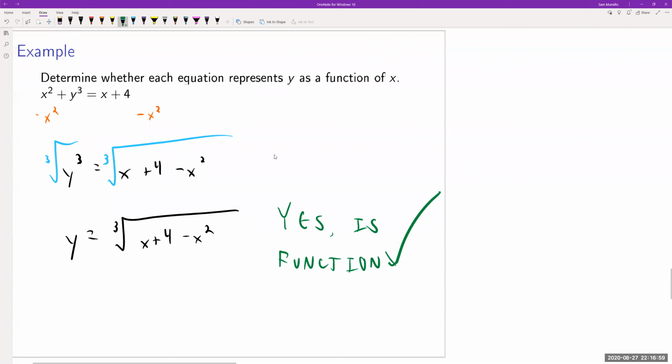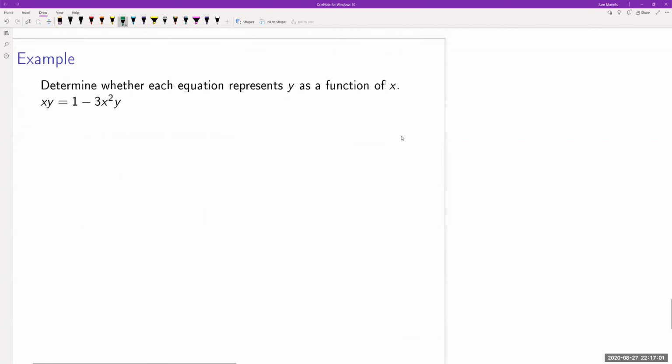Let's do one more. This one looks a little bit different than the last one. I'm not exactly sure what to do at first. We need to think of how to solve for y. Now, when you're not sure how to do this, you want to try to think back to your basics. When you're trying to solve for y, you want to put all of the thing you're looking for onto one side. So let's first move this over on both sides. There's no like terms to combine, so I simply have xy plus 3x squared y.